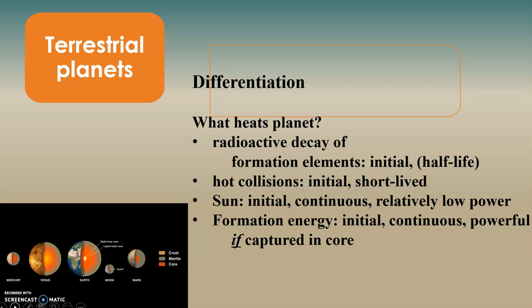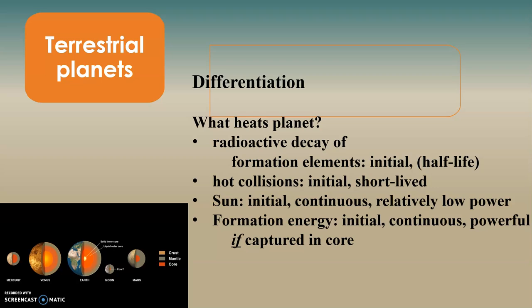Yes, but it's not 4.5 billion years long. So there is a half-life, and this radioactivity will peter out after a few million years. Now let's go to the hot collisions. The hot collisions formed from all the space debris after the Big Bang certainly provided a lot of energy to these developing planets, but it's short-lived.